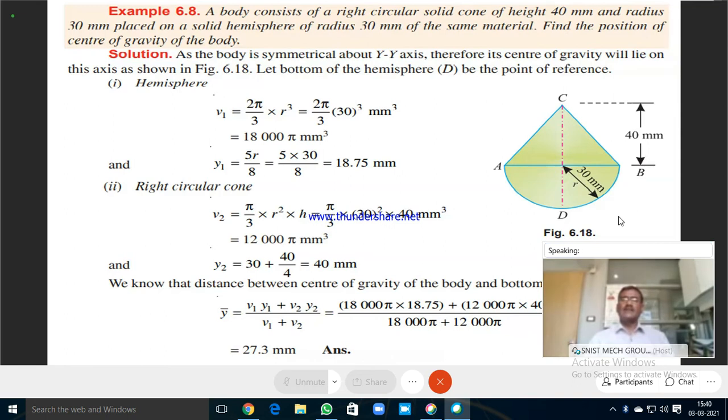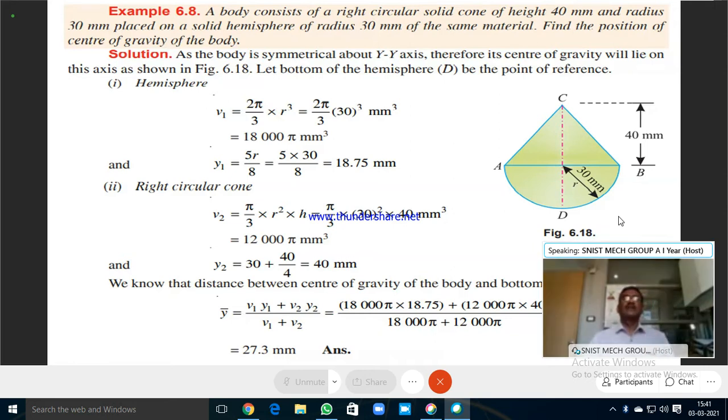From the diameter it is 3r by 8, that you know very well, that we have derived. From diameter it is 3r by 8, and from the other end it is 5r by 8. That is your hemisphere and centroidal coordinate.